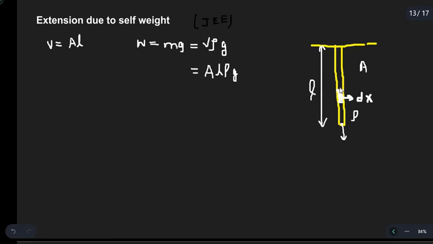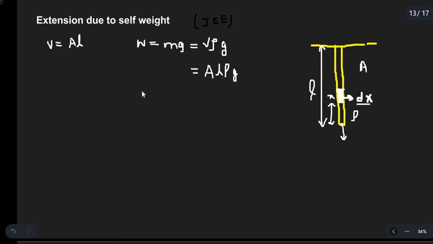So we take a small strip of width dx, that is, length dx. The area of cross section will be A only. For this very small part, let's consider this length as x.